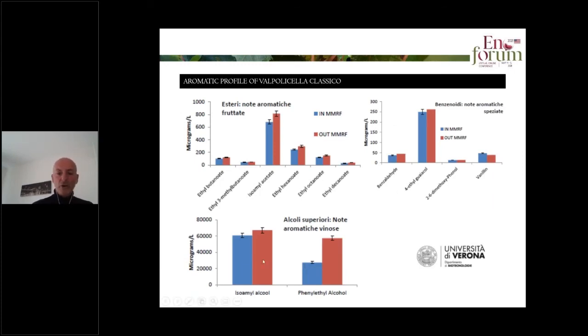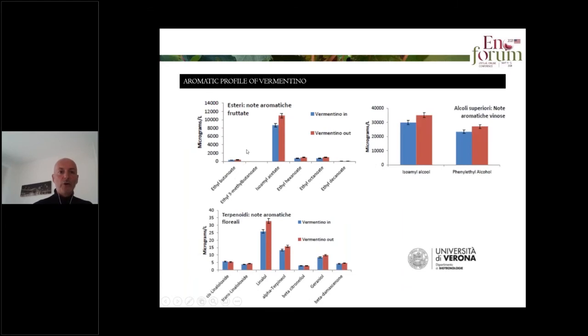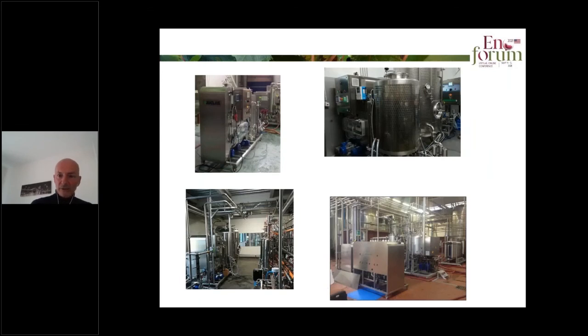And I'm going to end my presentation by showing that in collaboration with the University of Verona, a couple of studies were conducted on the aromatic profile of Valpolicella Classico and also on the aromatic profile of Vermentino. And in all cases, we had an enhancement after passing the wine into the machine of the intensity of floral and fruity aromas. And just showing a few pictures of the MMR Plus machine in some winemaking facilities.